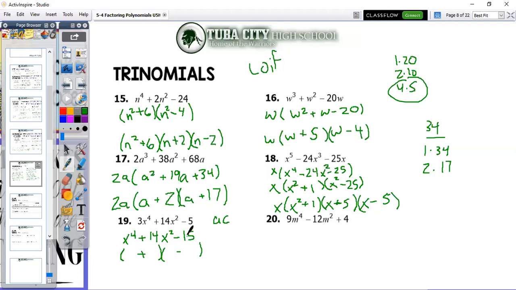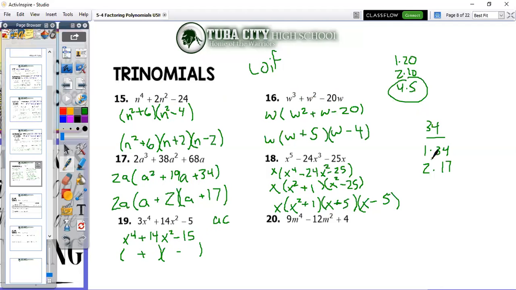But the bigger the middle number, so in this case, my middle number is much bigger than this number. Or I should say, not as big. But if you look at this one here, 2 is small compared to 24. When these two numbers are far apart, that means you're going to have close factors.